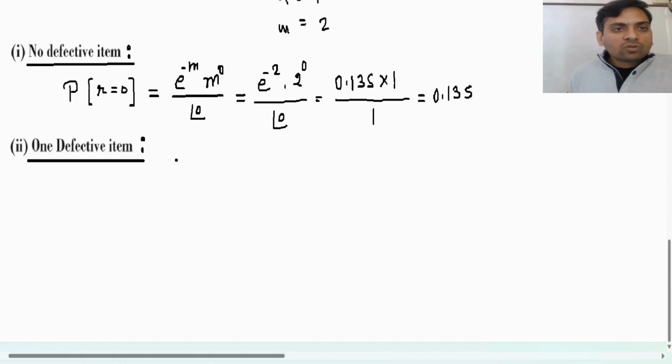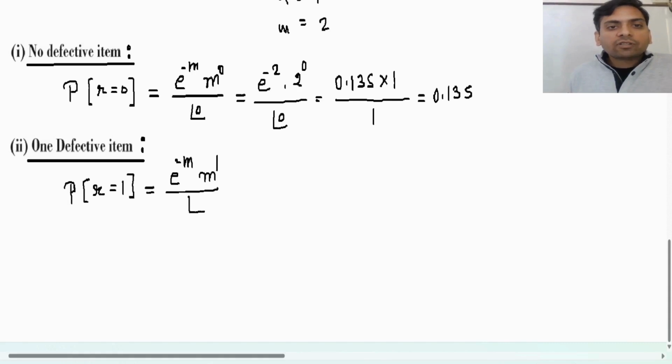So now we need to find the probability for one defect. Now you will apply the formula in the same way. So you will write e raised to the power minus m, m raised to the power 1, divided by factorial 1.